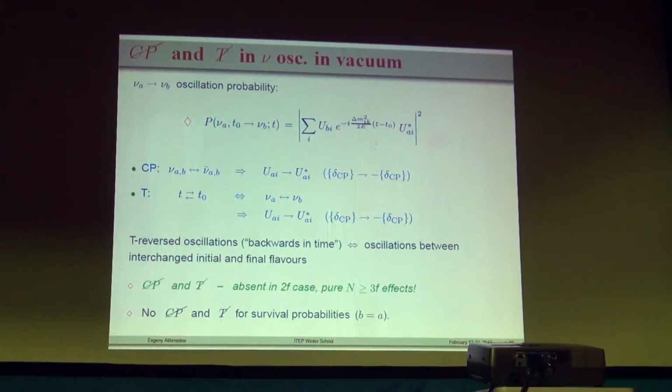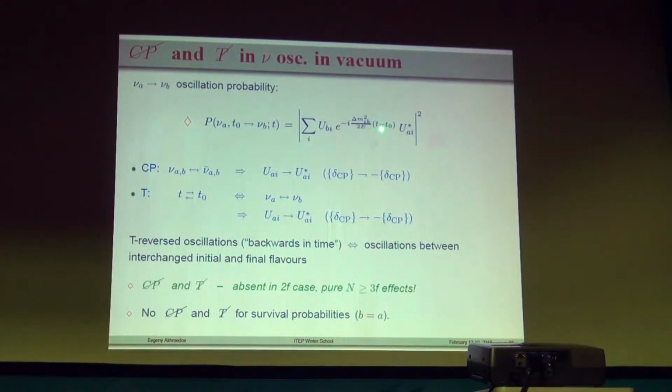So I assume that a neutrino of flavor A, which can be electron, muon, or tau neutrino, is born at time t0, then it propagates and it's found at time t as a neutrino of flavor B, which may be the same or different from the initial flavor. Okay? And the probability of this is given by this expression.